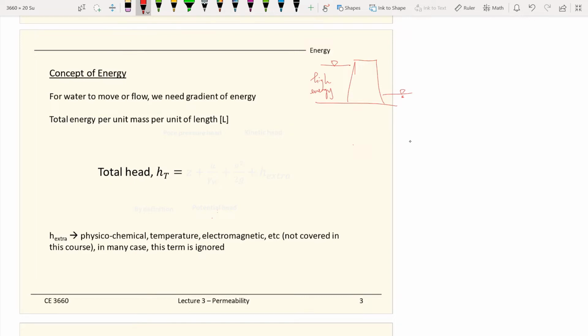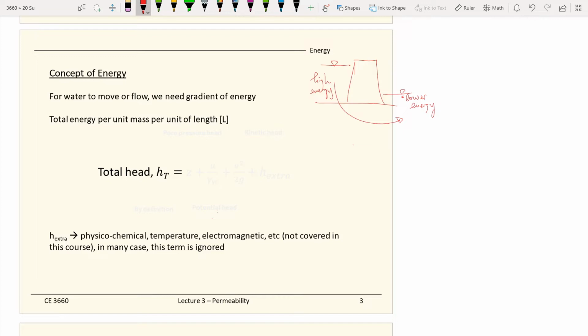And the high energy will move to the lower energy, where you have a lower water table, representing the direction of flow of water, where the water goes to.